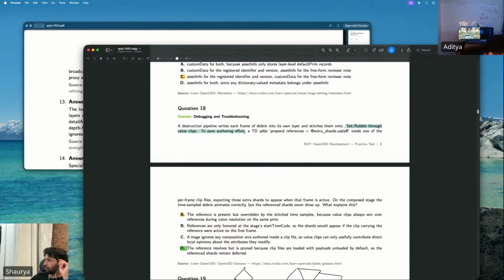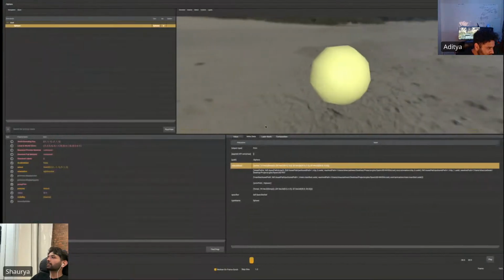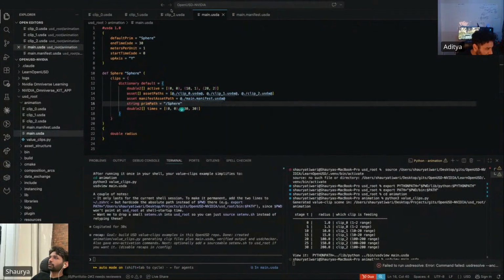To save authoring effort, a TD adds prepend references inside one of. What does this mean? Prepend references inside one of the per frame clip files. So in that value clip that you have, they're trying to add a reference file in that frame. We have the values, right? Oh, okay. So it's not inside this, it's inside one of the clip files. So for example, it is clip 0.usda.